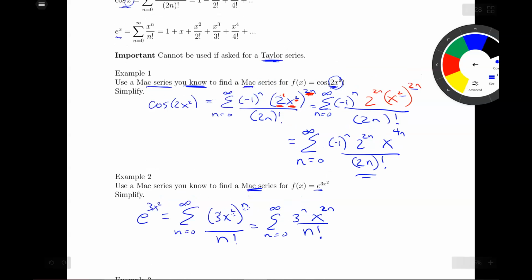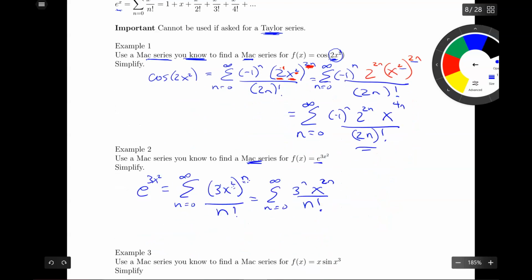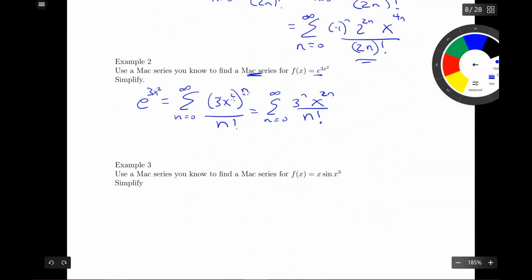Cosine has the evens, and sine has the odds. Just memorize that. So here we are, this has a multiplying x. So sine, -1 to the n over 2n plus 1 factorial.